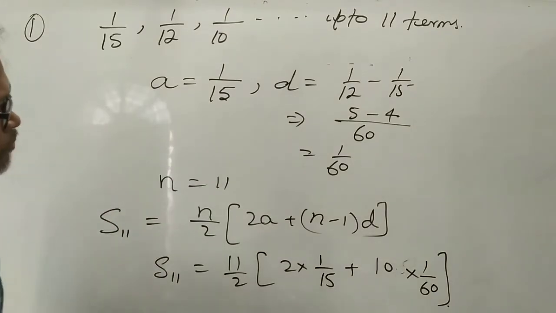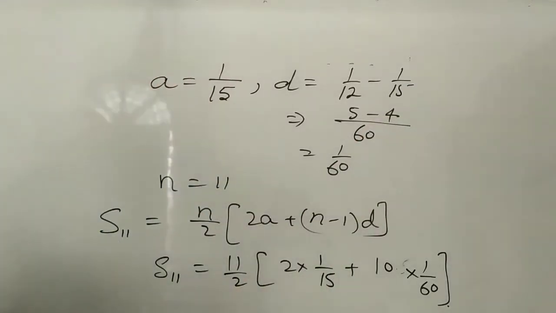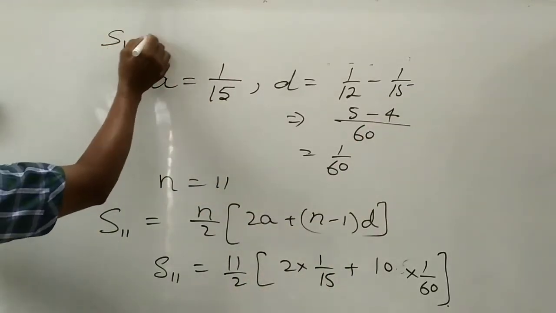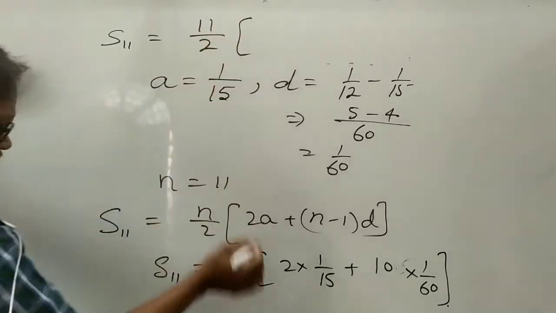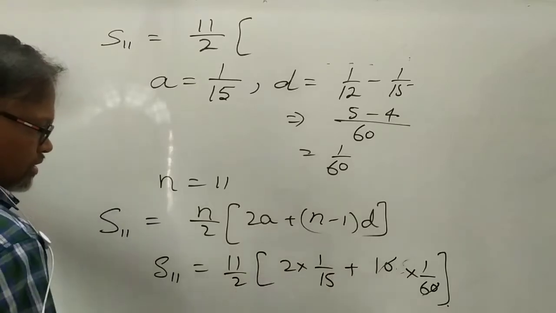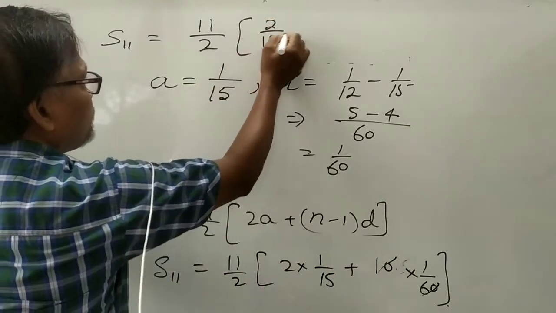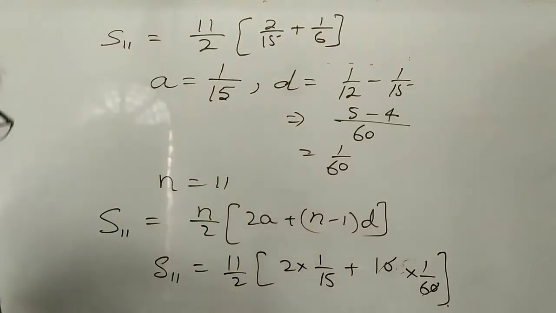On simplification you will get S11 is equal to 11 by 2 into the bracket 2 by 15 plus 10 by 60, which is 1 by 6. Then take the LCM.